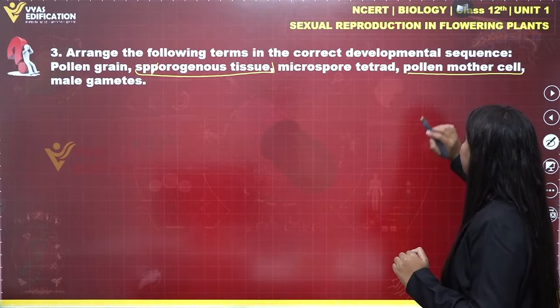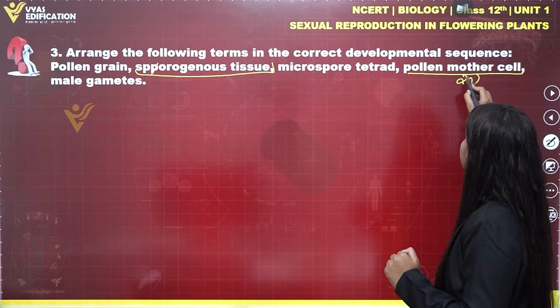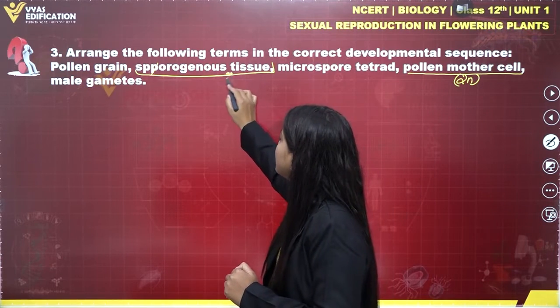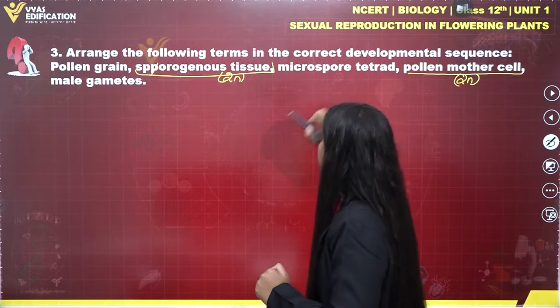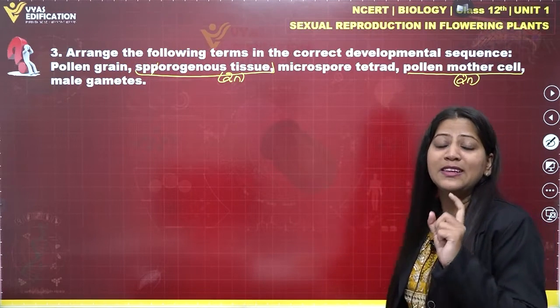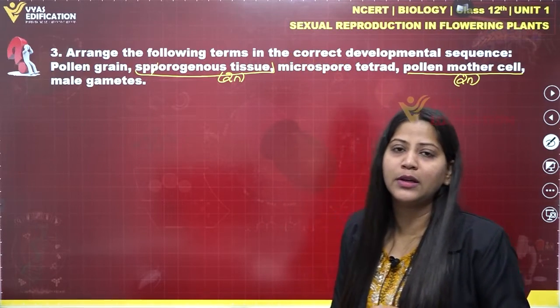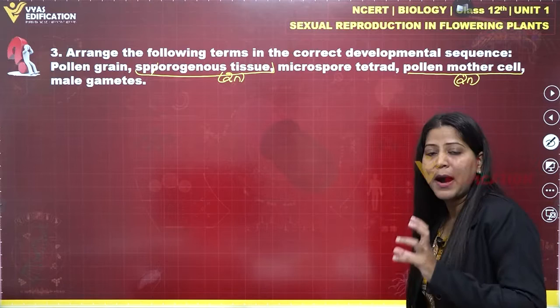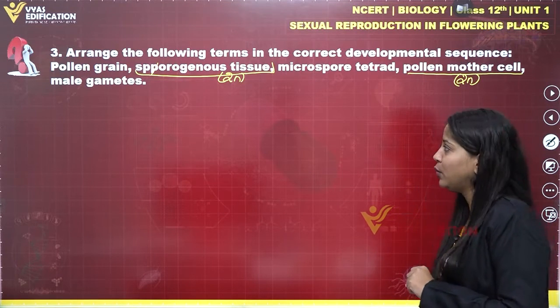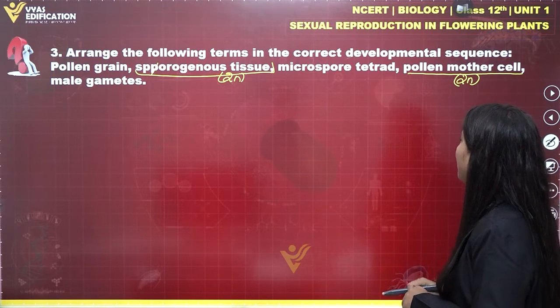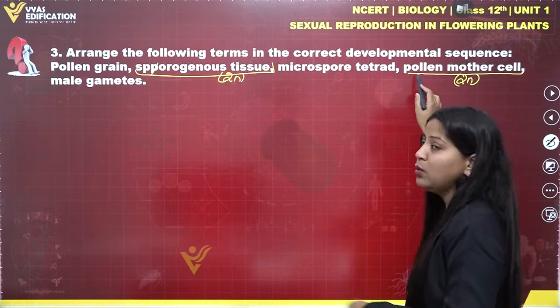These pollen mother cells are diploid in nature, and the sporogenous tissue is also diploid. Being diploid, the pollen mother cells will undergo reductional division or meiotic division to form microspores or pollen grains. So after pollen mother cells, what will they do?